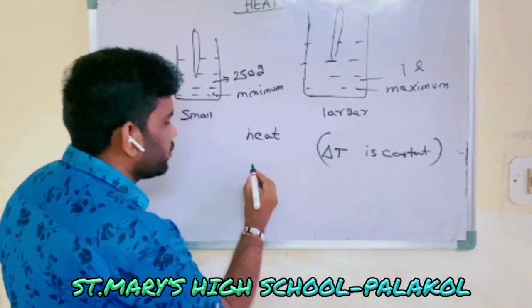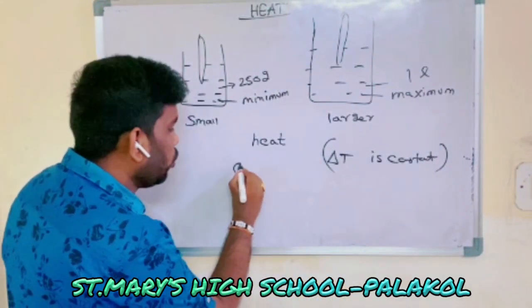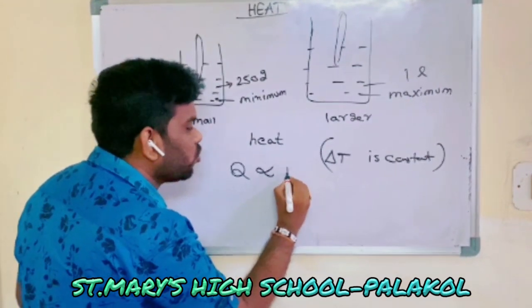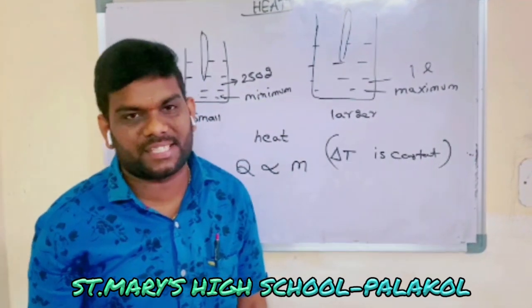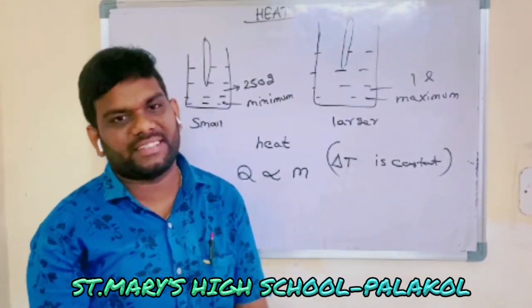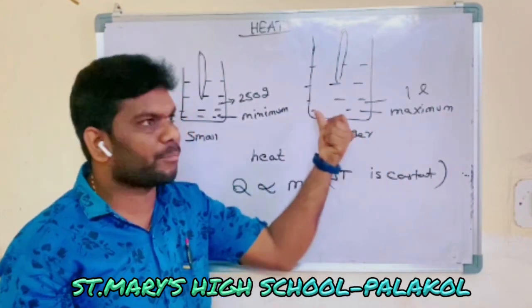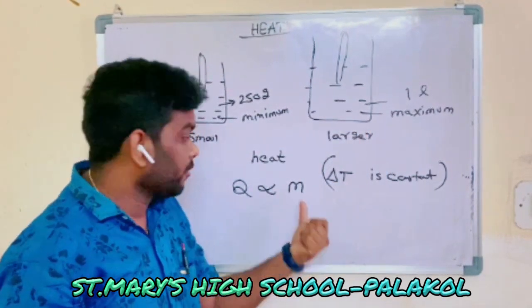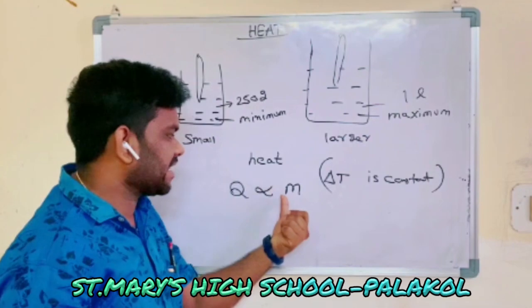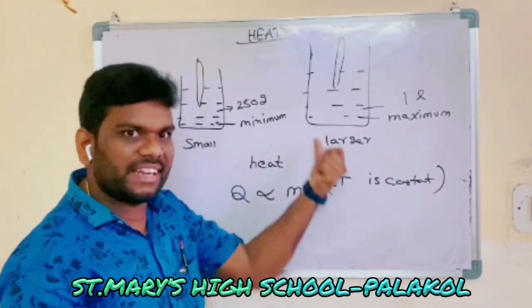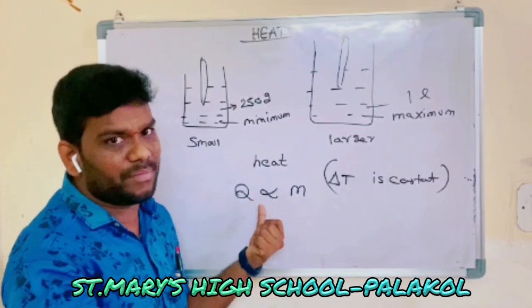So finally, students, Q, heat energy, is directly proportional to the mass of the substance. What is Q? Heat energy. What is M? Mass. It is nothing but quantity, nothing but weight. That is called mass. So when quantity increases, heat energy increases and heating time increases.